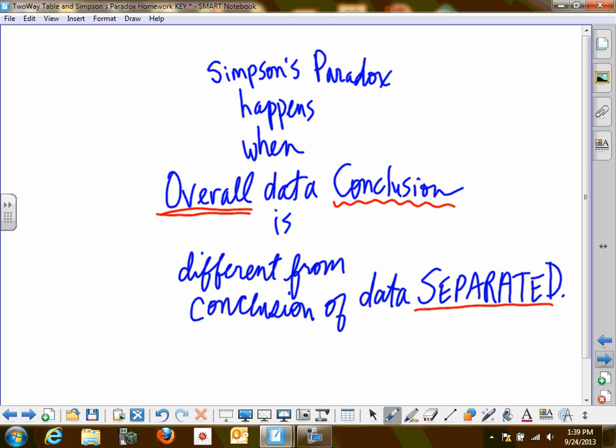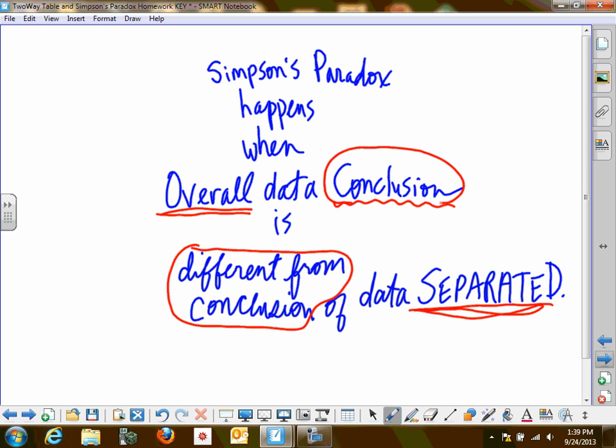And what happens is the conclusion you come to with the separated data is different from the conclusion you came to with the overall data. And then that is called Simpsons Paradox. Yes? Separated, normally more. Good question. Separated is correct.